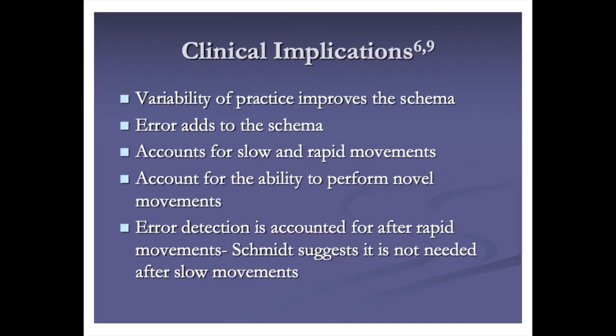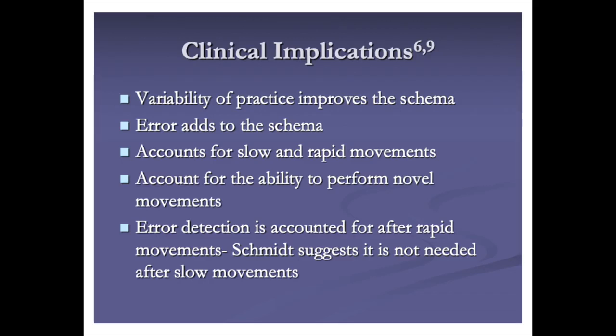So Schmidt's open loop theory now improves upon what Adams did. Now it allows for improvement in the schema based on variability of practice. So the more variable the practice you have, the better you set this schema that you use to update what you're doing.